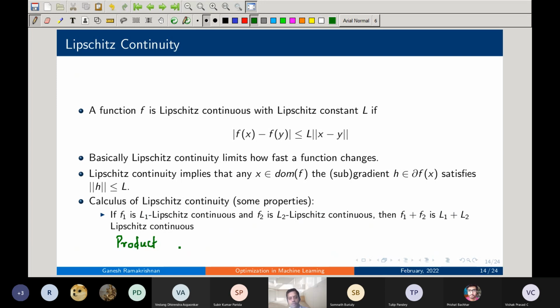Product of Lipschitz continuous functions. Say L1 and L2, so I'll make it similar. If you have L1 and L2 Lipschitz continuous functions, is the product Lipschitz continuous?